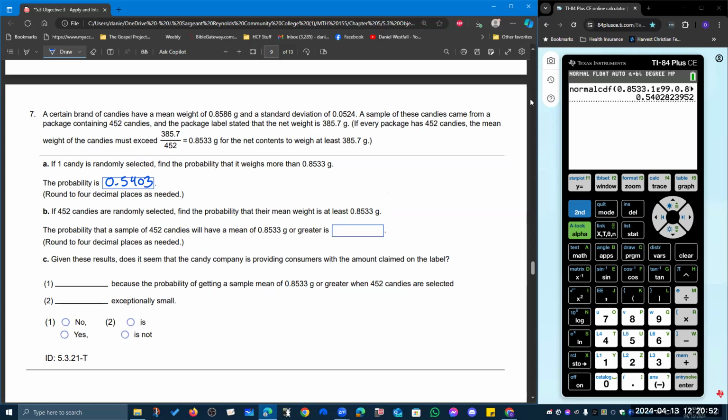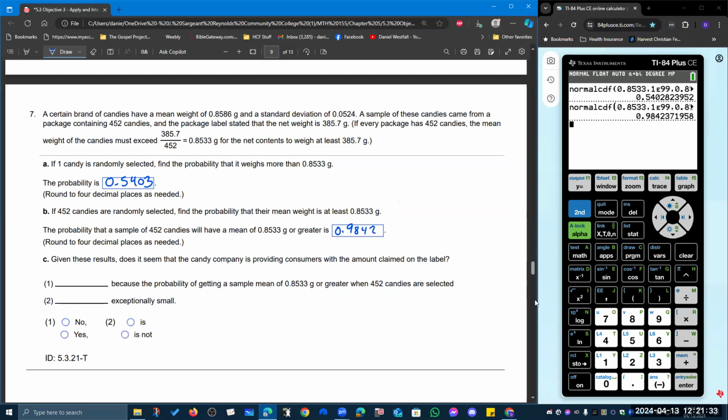If 452 candies are randomly selected, find the probability that their mean weight is at least this much. So we're going to go back in, and we're going to divide here by the square root of 452. And that gives us an answer of 0.9842.